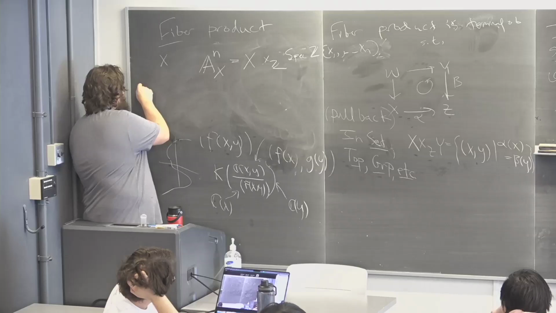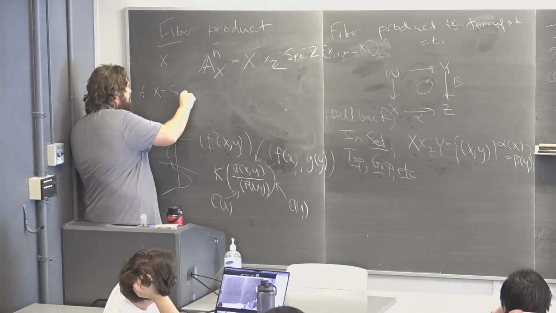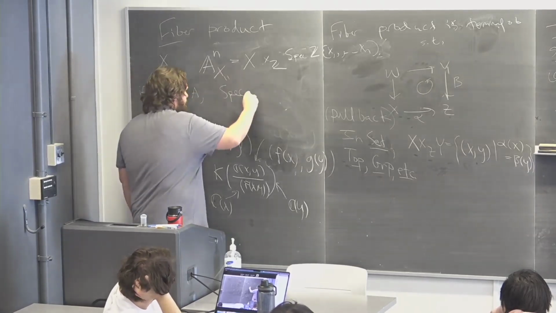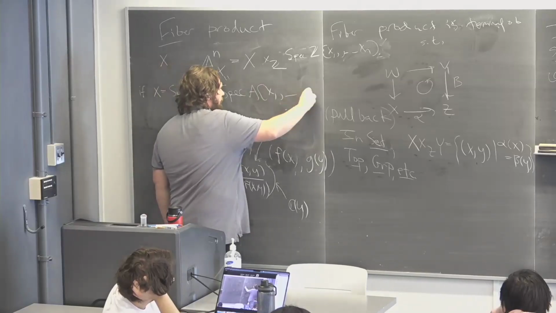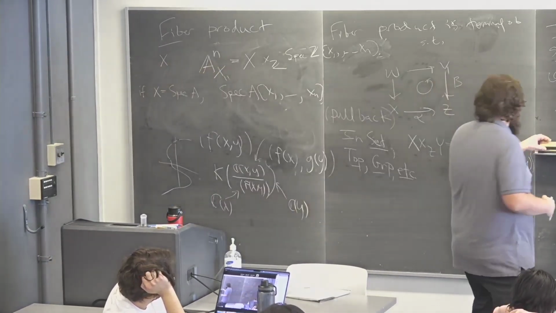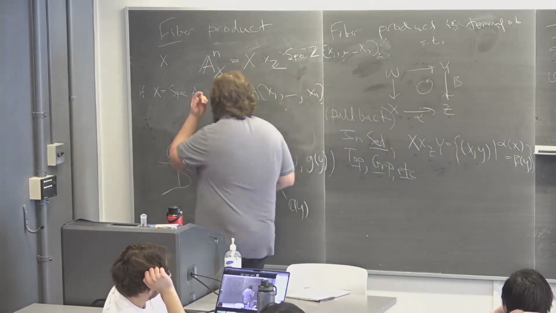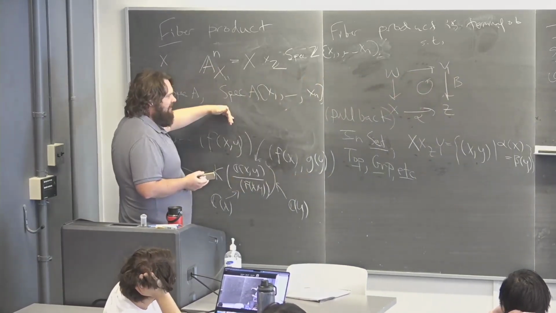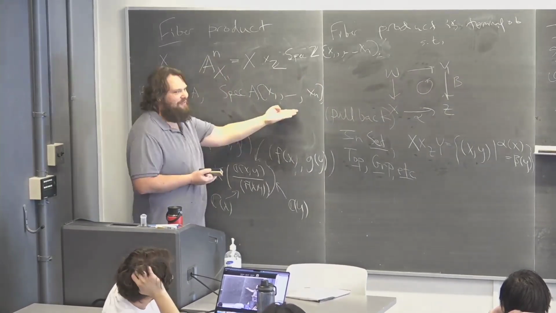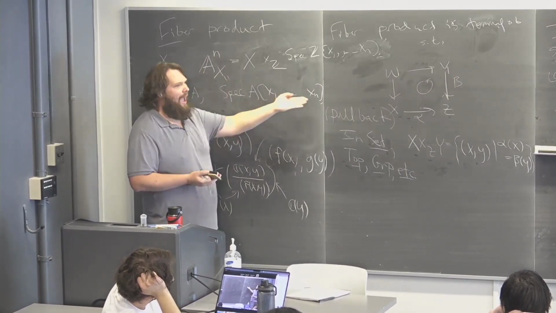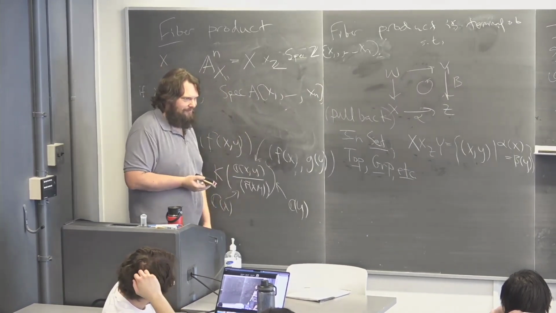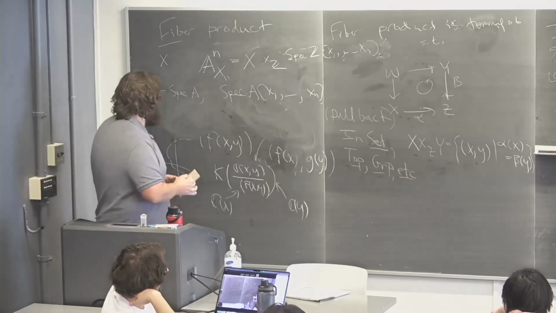So if X equals spec A, then this is just spec of polynomials in n variables in A. So as often happens with schemes, if you're thinking about what's actually happening as a set, it's some really crazy stuff. But if you just think about the functions, it's the obvious thing you would do. What is affine space? You add n variables, and you just let them take any value you want. Yes, this is the definition.